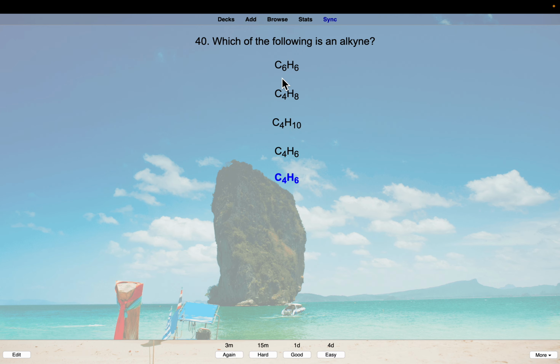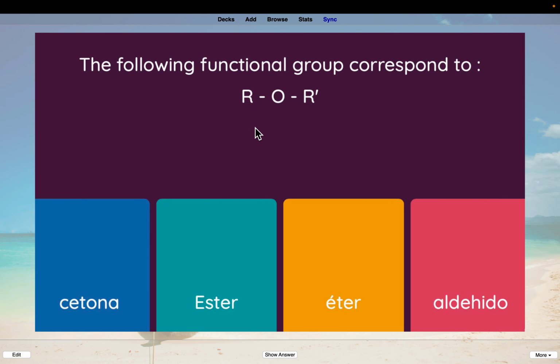I think it's C6H6. Just kidding. This cannot exist. C4H6 is an alkyne. I'm thinking this is an alkene. This is an alkane. But this one is too much, too exaggerated. We don't have that many hydrogen atoms, but not too few, if you get what I mean.